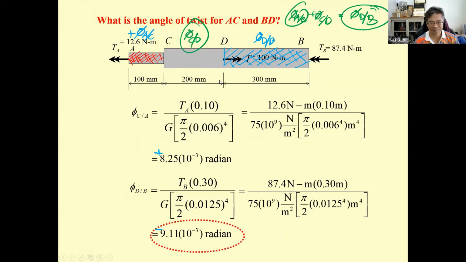And then for this one, this is going to be the largest angle of twist, because this one equals the light blue plus the green. And the next step, can you calculate it in the degree unit? And then you can see that it's very small, 0.52, a very small angle, that's half of 1 degree.